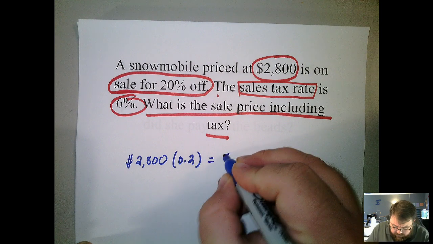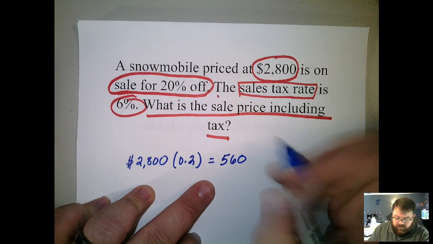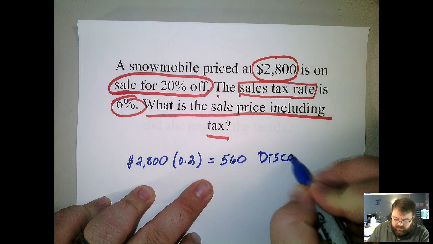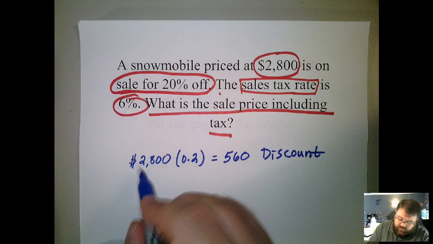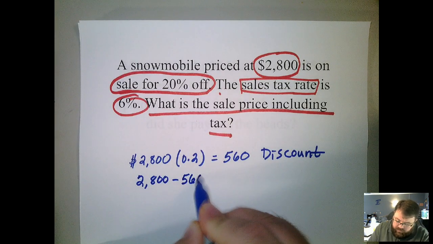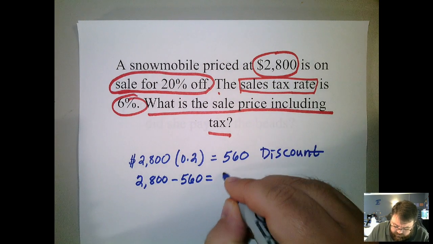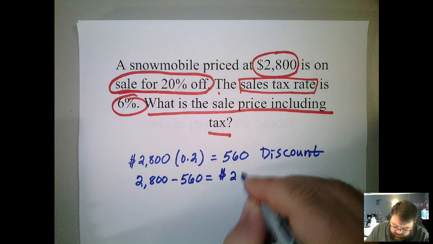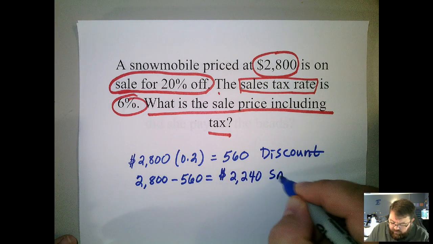And I'm going to get $560. Now, this is the discount. To get the sales price, I'm going to take the $2,800 minus the discount, okay? That is what we're going to do. And I get $2,240. This is the sale price.